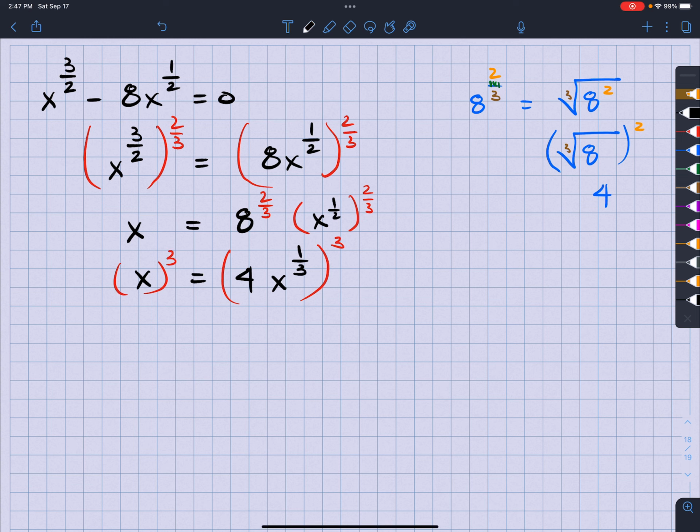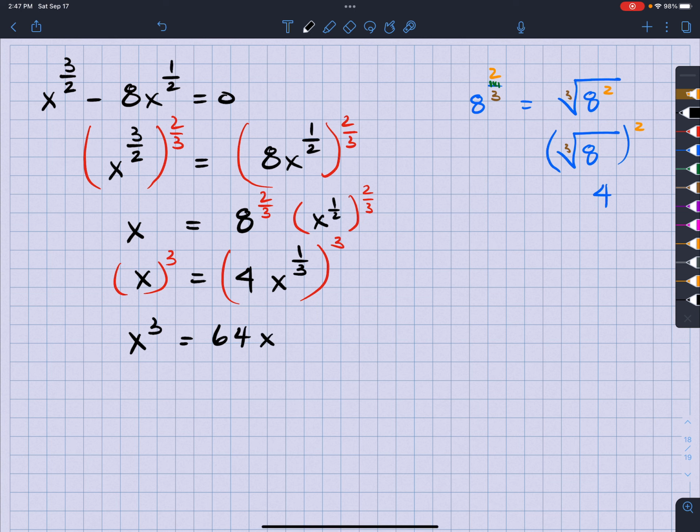So what do I have? I have x to the 3rd is equal to 4 to the 3rd. And what's 4 to the 3rd? It's going to be 64x.